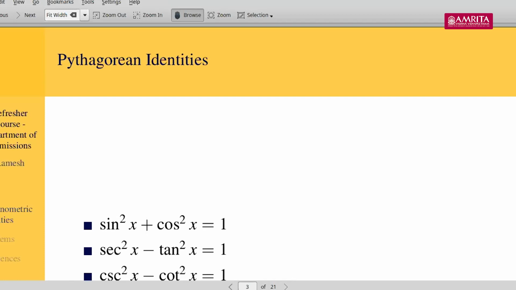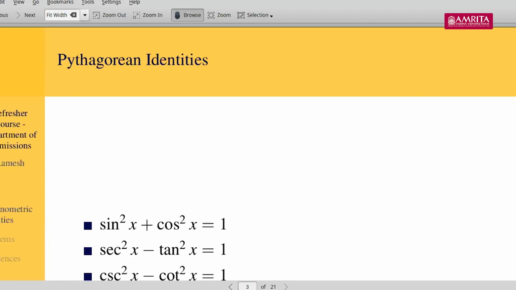We can derive cosecant squared theta minus cot squared theta is equal to 1. There are many other identities also, and I can list them out one by one once I am solving the problems.